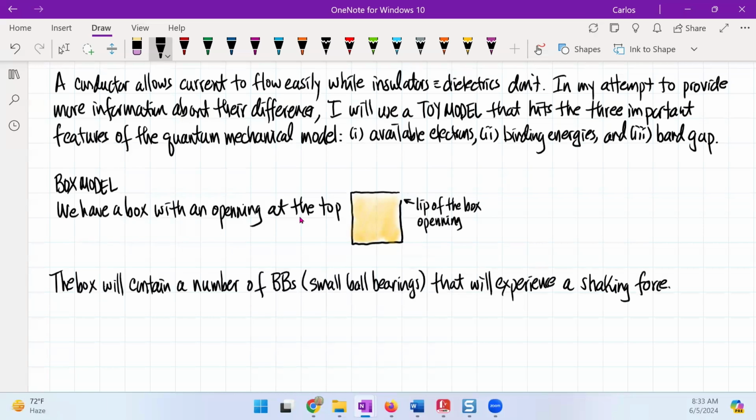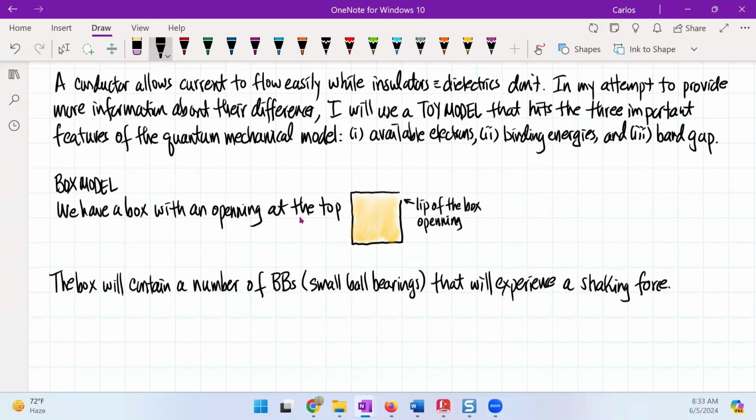In other words, once I put the BBs into the box, then with my hand, I'm going to start shaking the box. So this model is going to attempt to explain the behavior of the electrons.